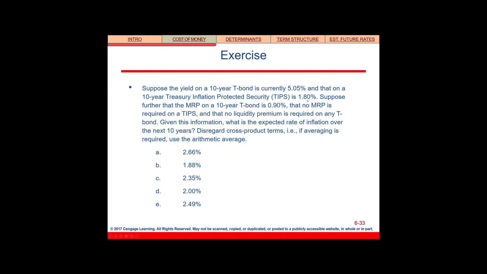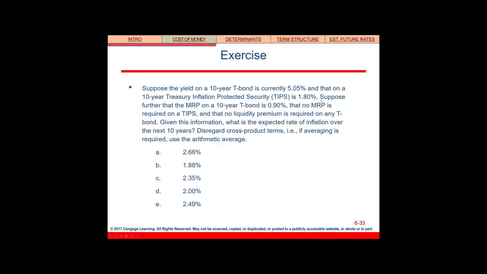1.8% is just the real risk rate of return, the R star. There's nothing else included in this 1.8%. So basically that means we now know all the factors that we need to calculate the inflation premium.